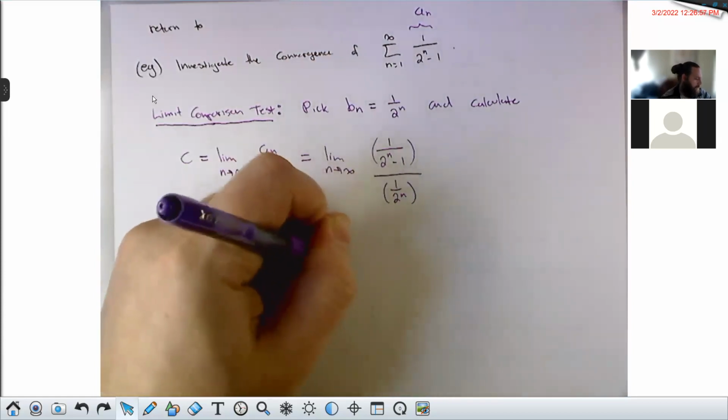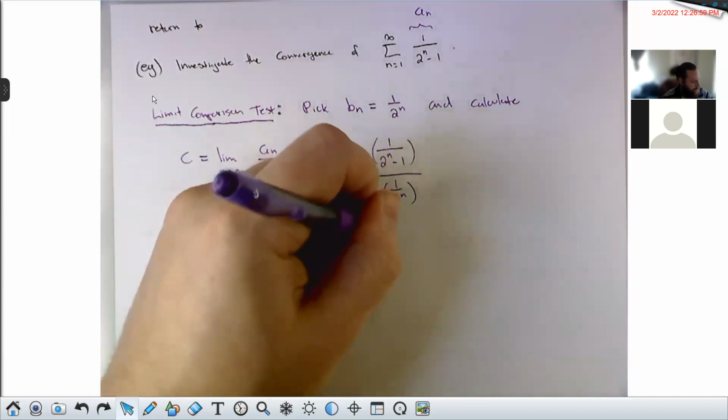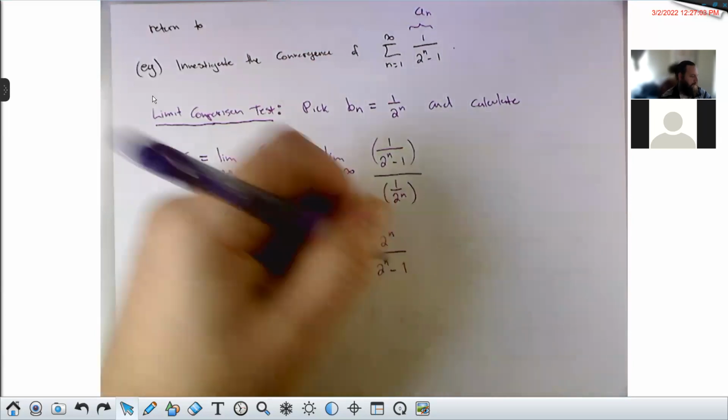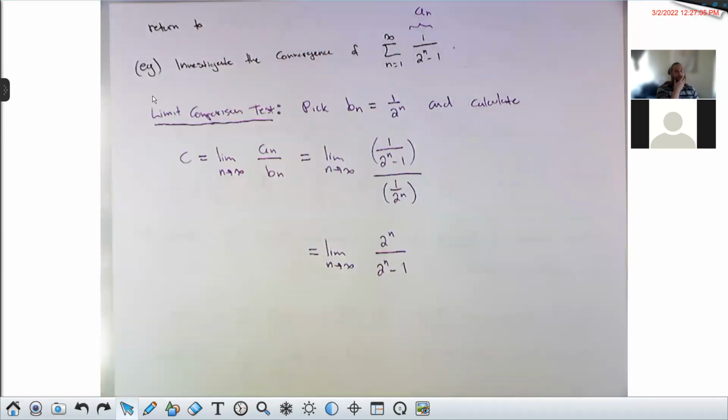We flip and multiply by the bottom, and that gives me 2 to the n over 2 to the n minus 1. All right, you have this top, and then you flip and multiply by this. So that would be 2 to the n over 1 times 1 over 2 to the n minus 1. That's just 2 to the n over 2 to the n minus 1.